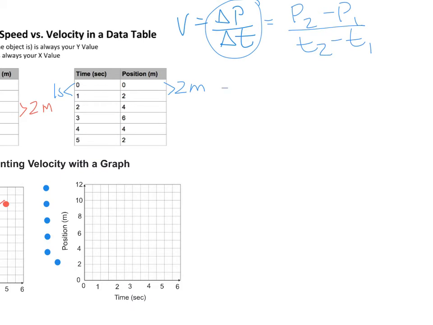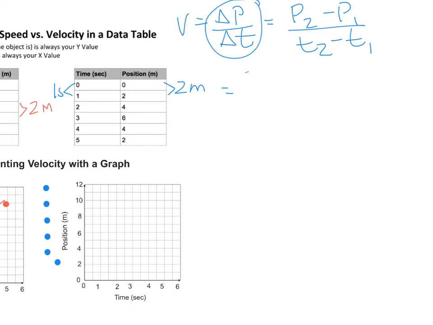If we use the full equation, we would say that position 2 is here and position 1 is here, and time 2 is here and time 1 is there. Remember, position 1 and time 1 will always be the smaller numerical values.